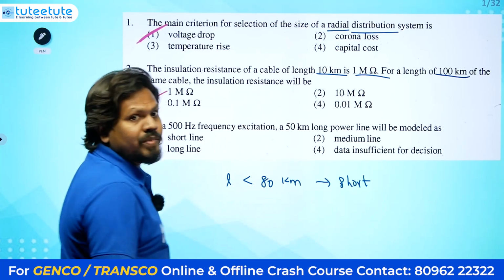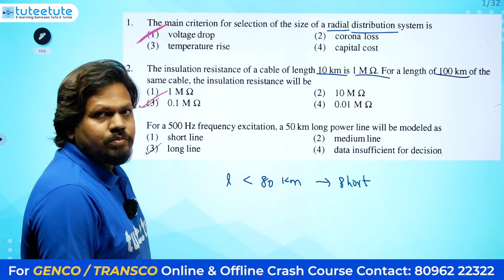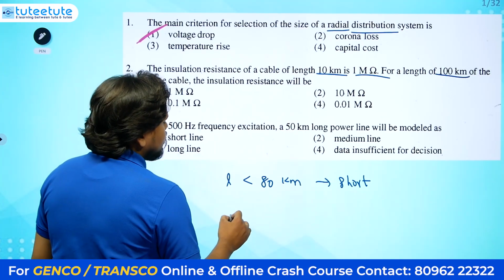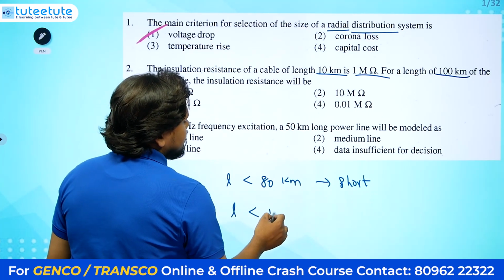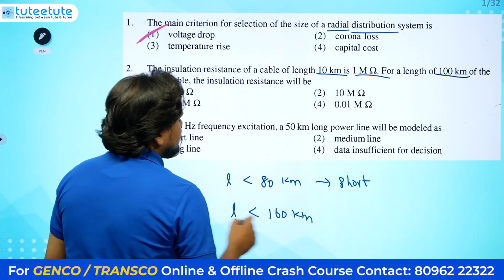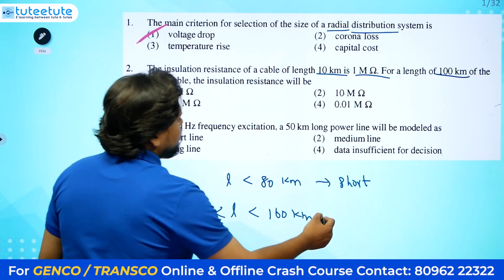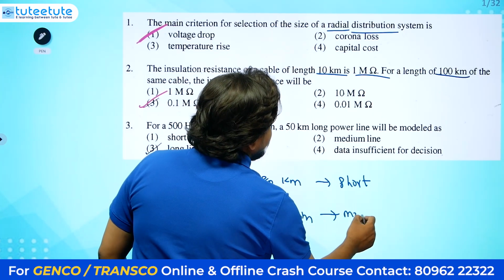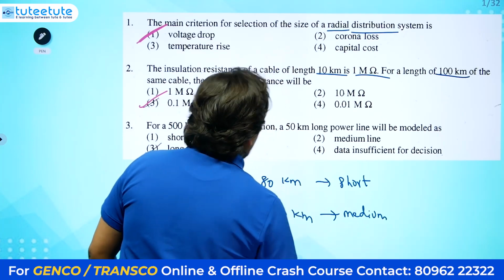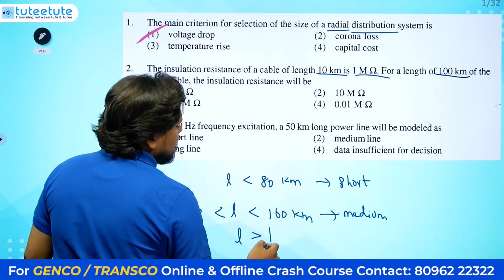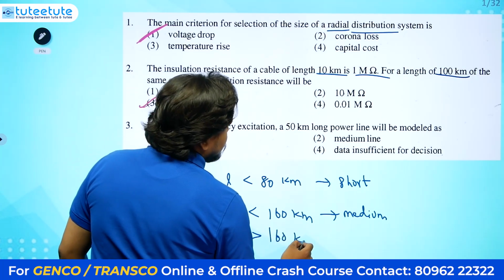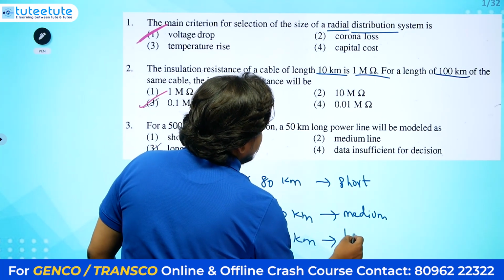When the length of the line is between 80 and 160 kilometers, we model it as a medium line. If the length of the transmission line is greater than 160 kilometers, we consider it a long line.